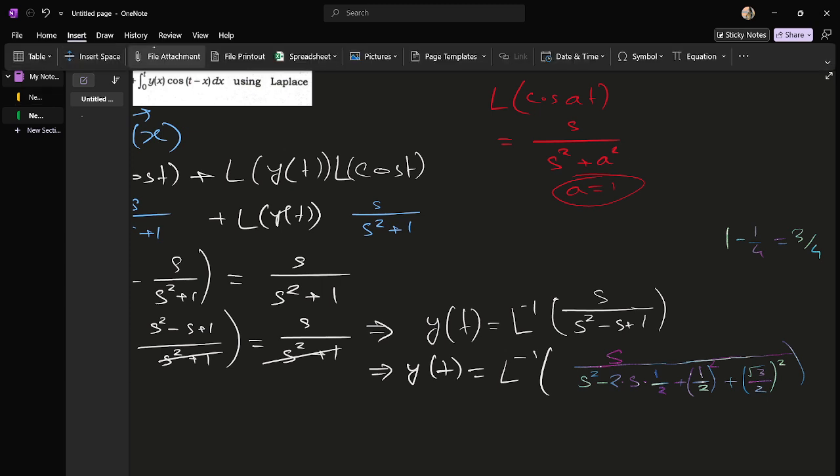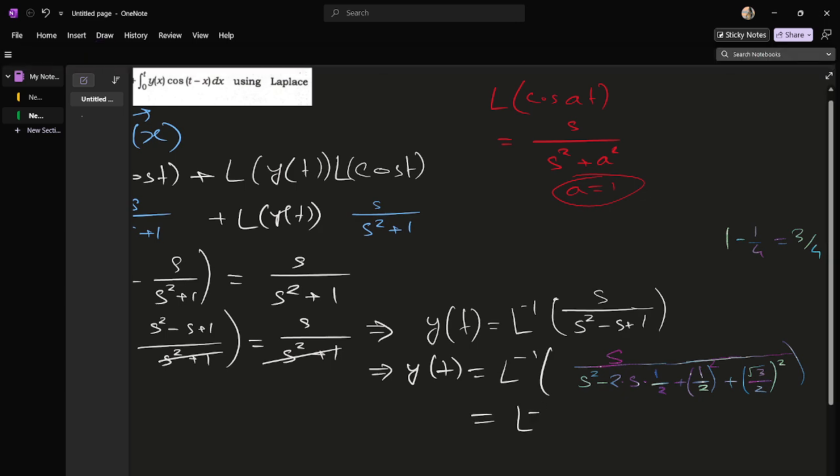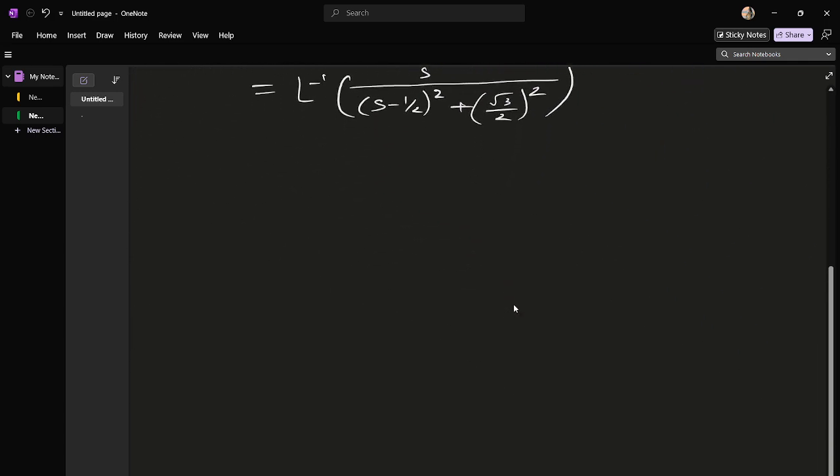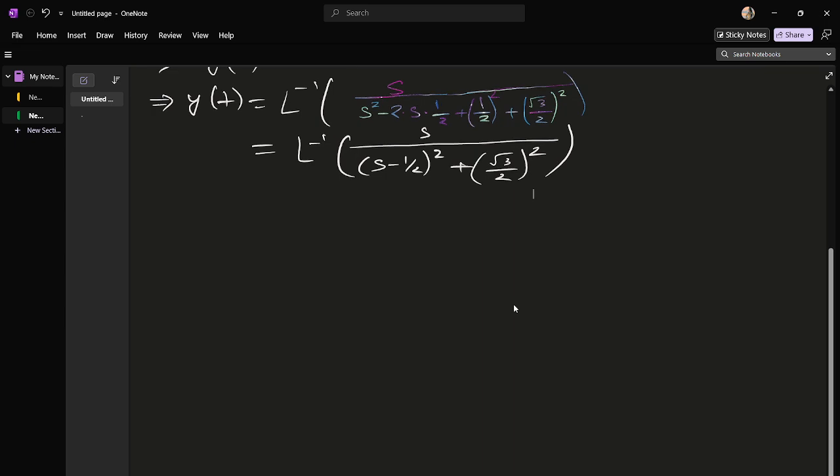So this is our L inverse of s by (s minus half) square plus 3 by 4. Now we cannot use any direct formula of Laplace inverse to get our y(t).